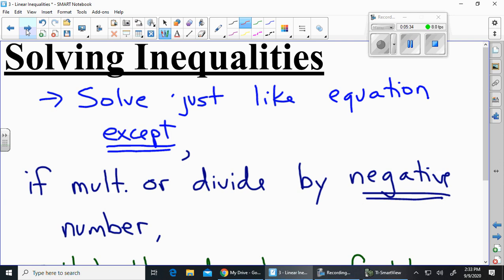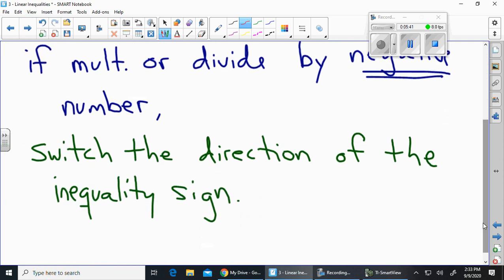If you multiply or divide while you are solving by a negative number, you switch the direction of the inequality sign. Doesn't matter if your answer comes out positive or negative. If you multiply or divide by a negative, if it's a greater than, it becomes a less than. If it's a less than, it becomes a greater than.